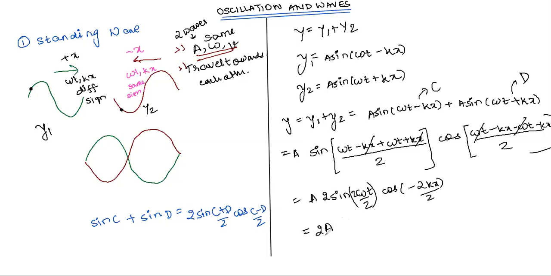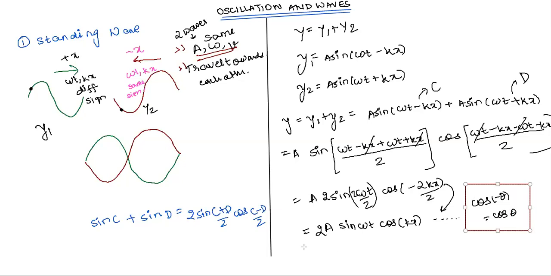So we'll get 2a sine of omega t into cos of kx, and we also know, why did I do this transition? Because we know that cos of minus theta is equal to cos of theta. By that relation we have got this expression.